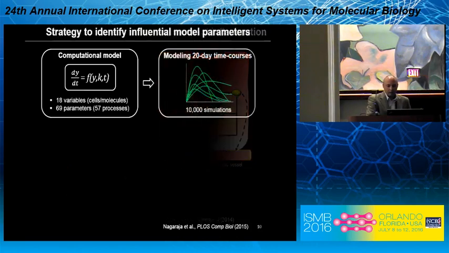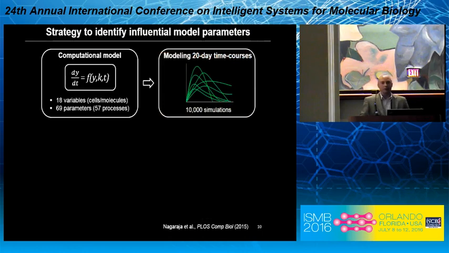So here's a brief outline of our computational strategy. We developed the model, we calibrated and validated it using published data, and then we used our model to perform 10,000 simulations with randomized parameter sets. Every simulation represented 20 days of inflammation after injury, and for every simulation we calculated the time courses for all the model variables.